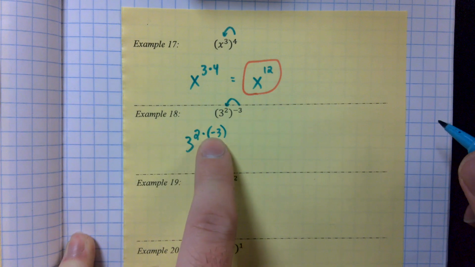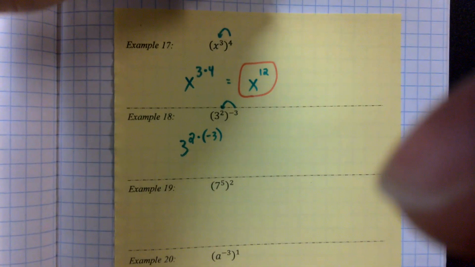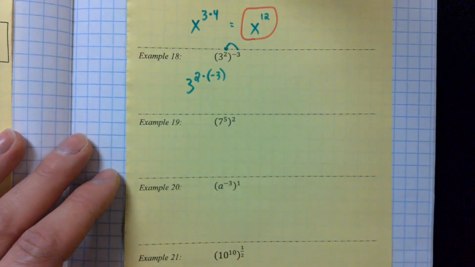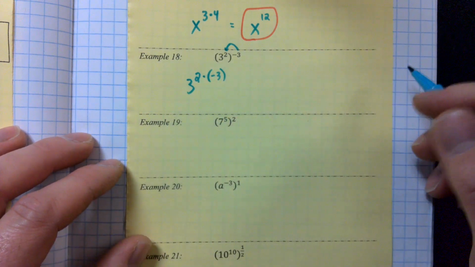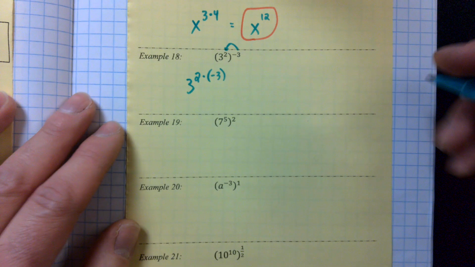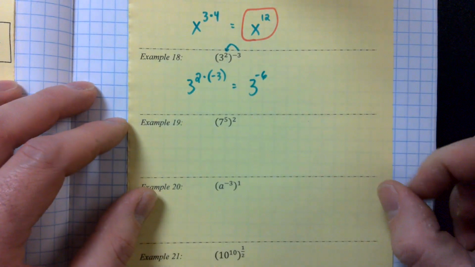And I want to put that negative 3 in parentheses because I don't want to confuse what I'm doing, right? If I don't put the parentheses there, my brain might accidentally tell me to subtract, especially with what we talked about yesterday. So this just makes it nice and easy for me to see, hey, I'm definitely multiplying. And what is 2 times negative 3? Negative 6.